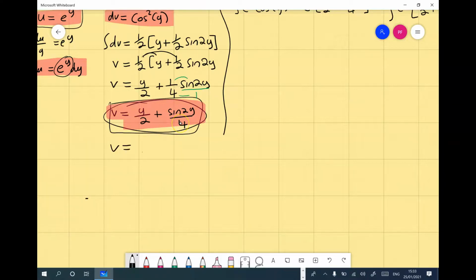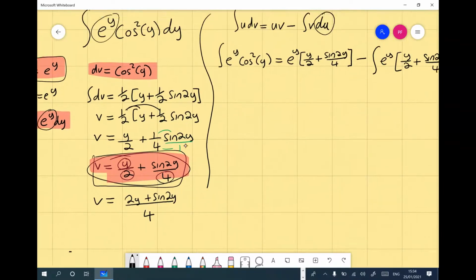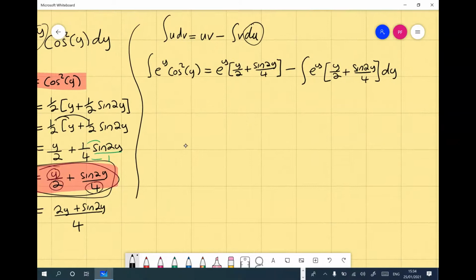I've got a 2 and a 4 again, so my common denominator will be 4. So this denominator gets multiplied by 2 to make it 4, so I also have to multiply the numerator by 2. 2 times y is 2y. But of course the sine 2y is still over 4, so that can stay the same. That just might make things a little bit easier to look at up here.